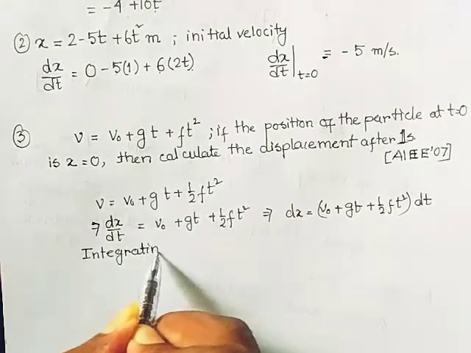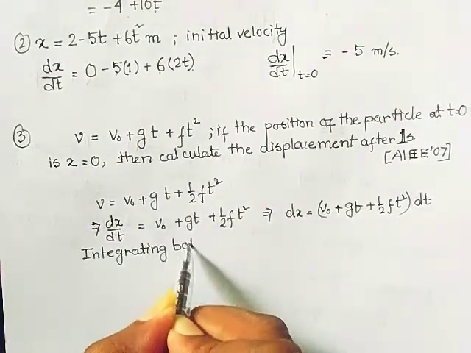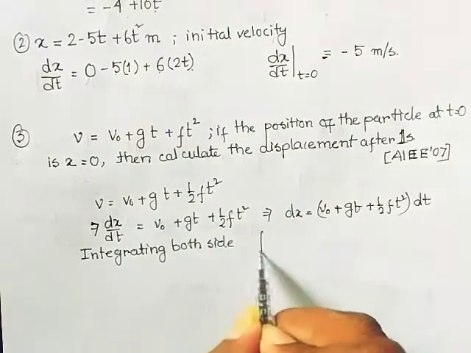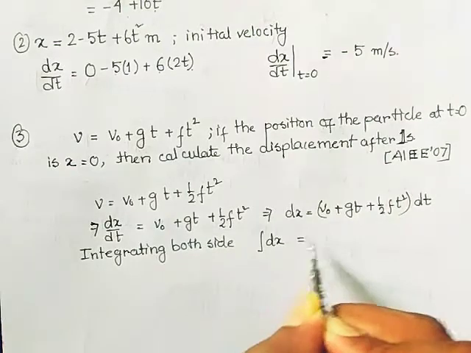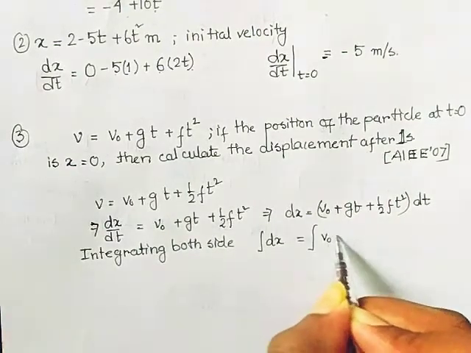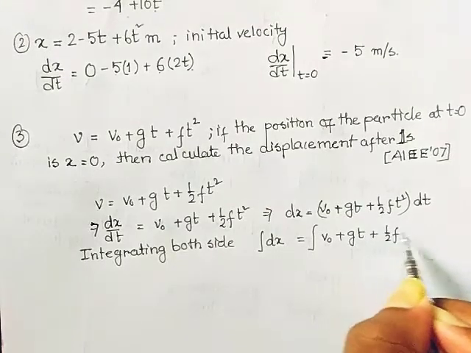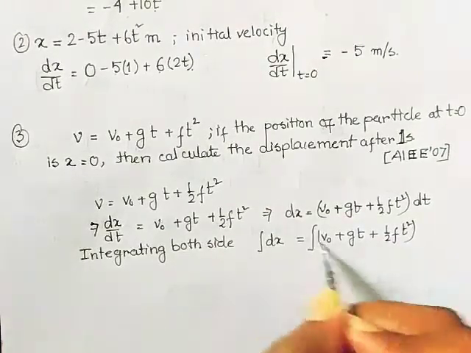Integrating both sides, we can write dx equal to the integration of V naught plus gt plus half of ft square dt.